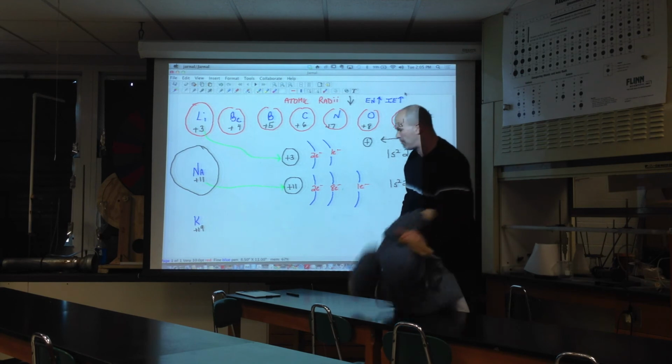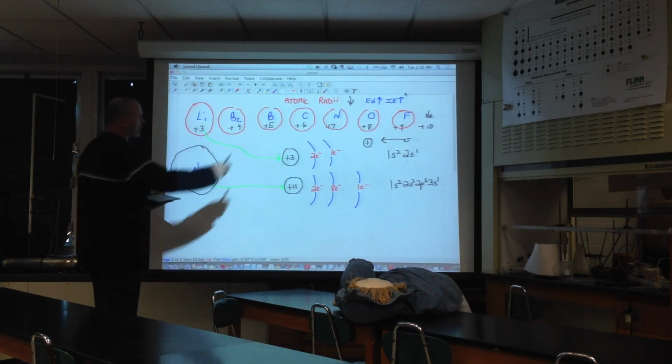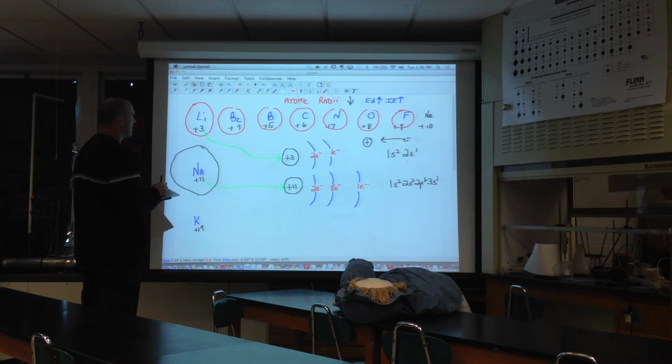It's logical, people. Here, as we go down, atomic radii increases. Electronegativity has to decrease, and of course, your IE, ionization energy, has to decrease.